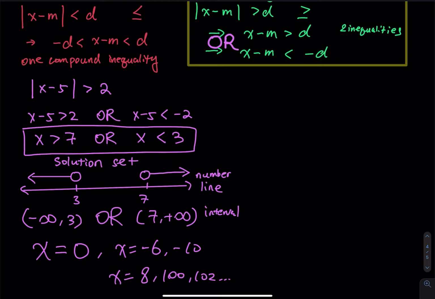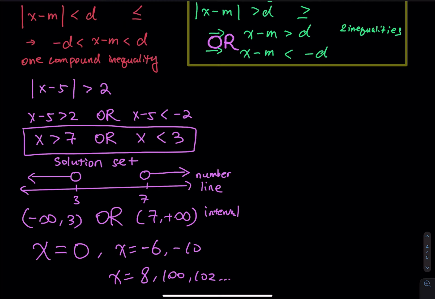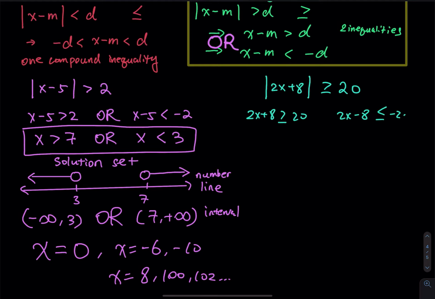Okay, let's do another one. So let's do number 2. So number 2, let's do absolute value of 2x plus 8 greater than or equal to 20. So we break this down into two inequalities, 2x plus 8 greater than or equal to 20, and then 2x plus 8 less than or equal to negative 20.